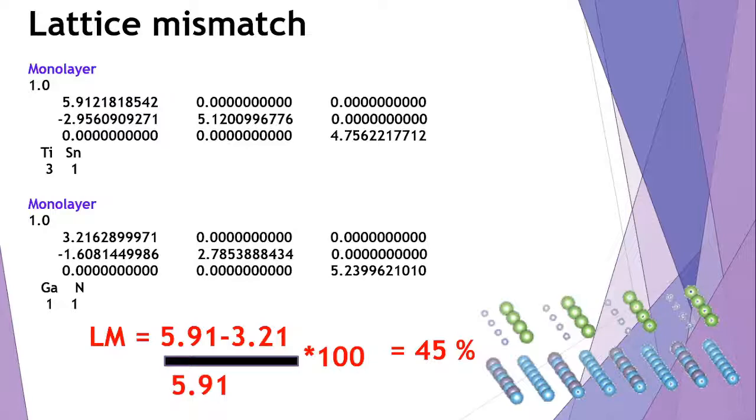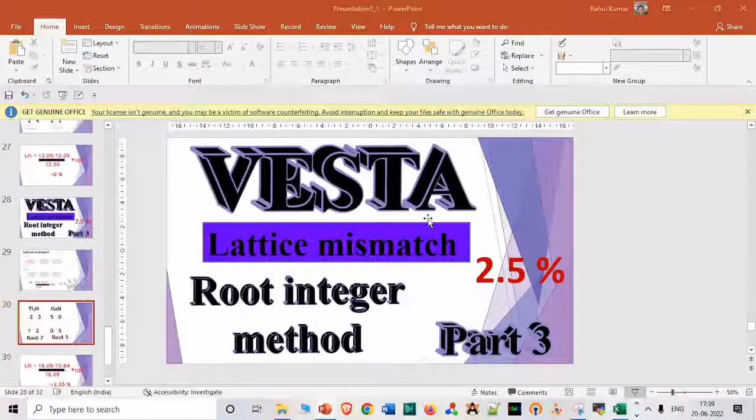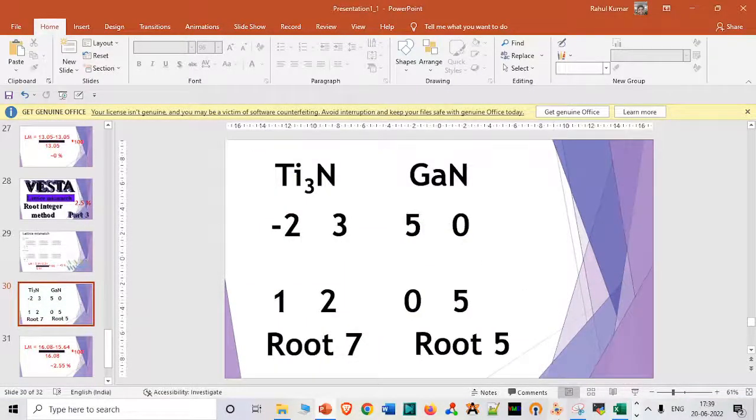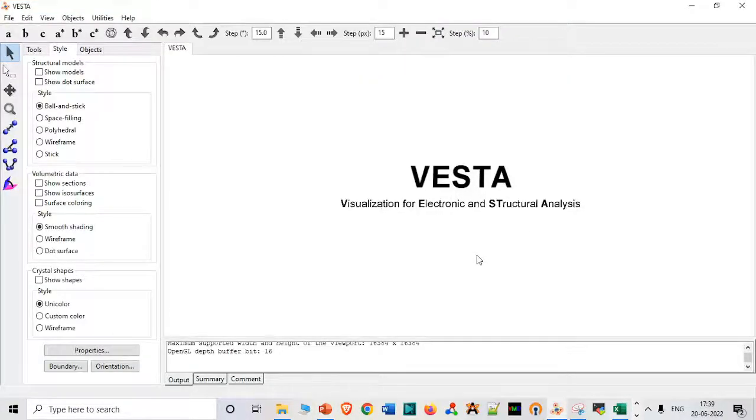So we can again use our root integer method, and the matrix you have to type is -2 3 1 2 5 0 0 5, and let me now show you how I can use this matrix to create the structure.